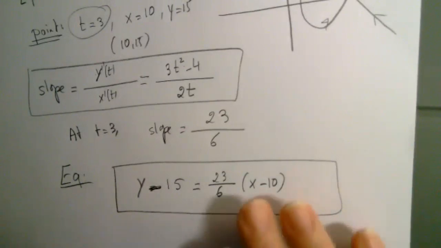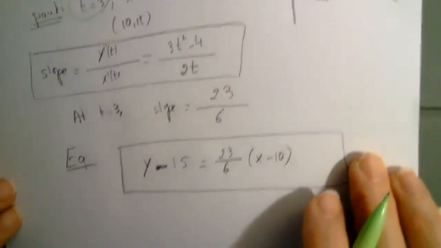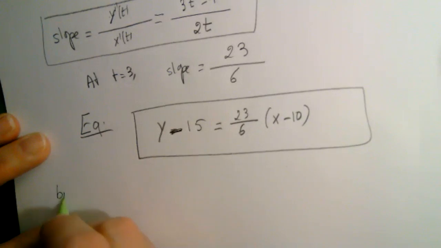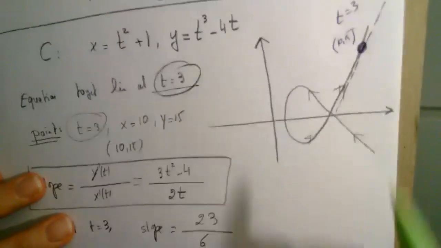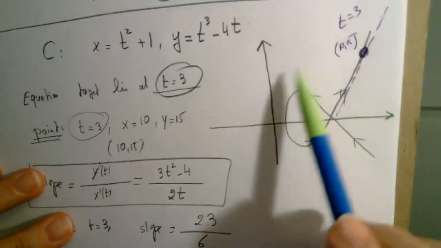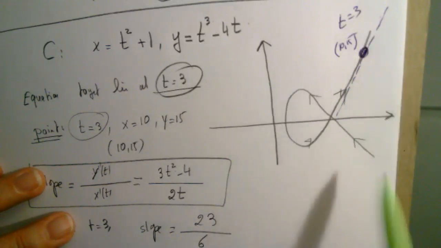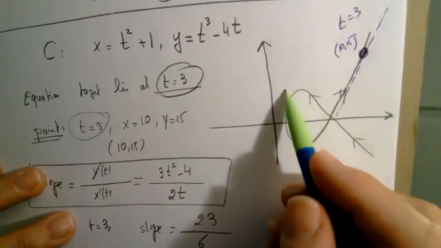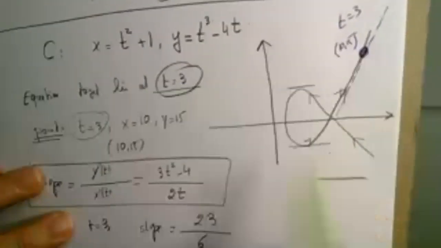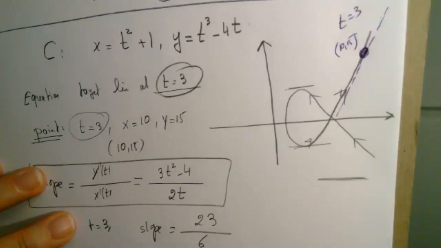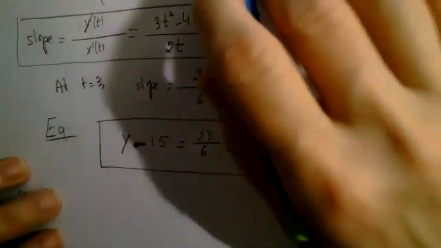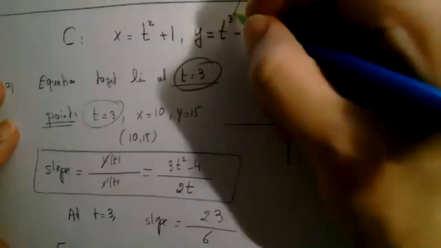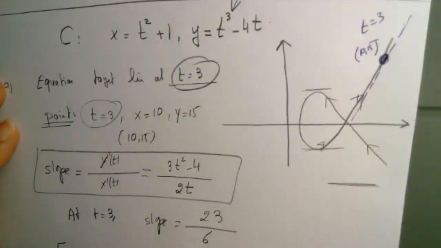Now, question number 2 is the following. This is a curve, and in some places on this curve, the tangent line is horizontal. It seems like it's somewhere here. That's where the tangent line is horizontal. The y is t to the power 3. Probably my writing is not very clear.